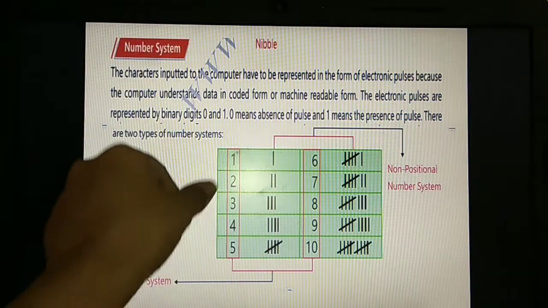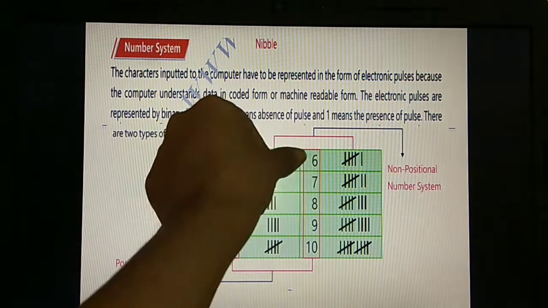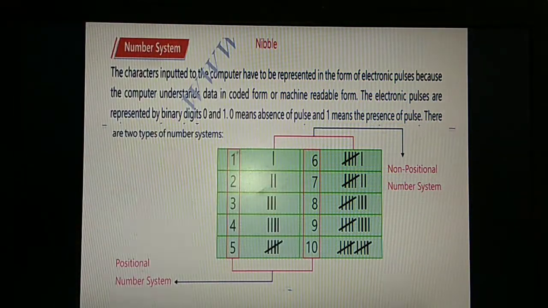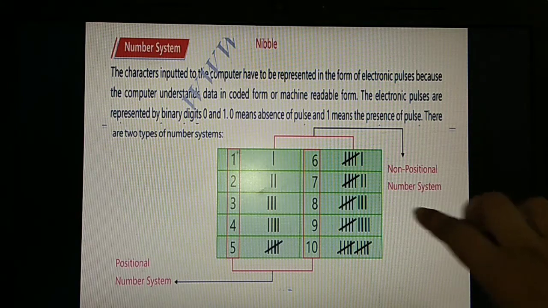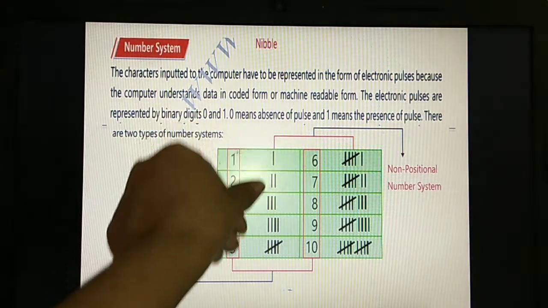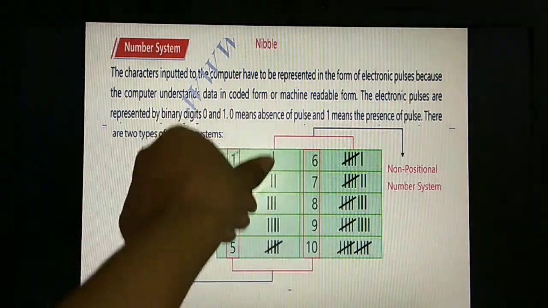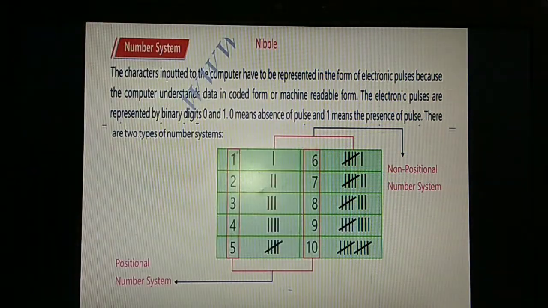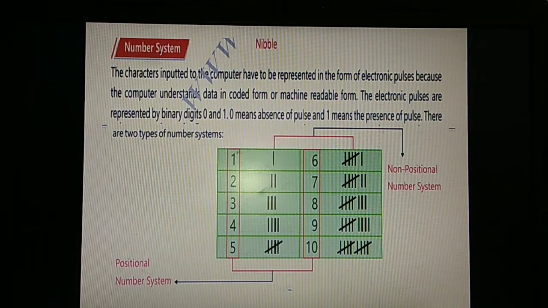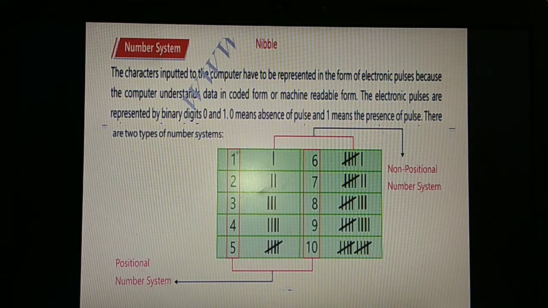Positional number systems are the numbers which consist of 1 to 10, and non-positional number systems consist of codes type. Clear? Yes. Let us go deeper into what is actually non-positional and what is actually positional.